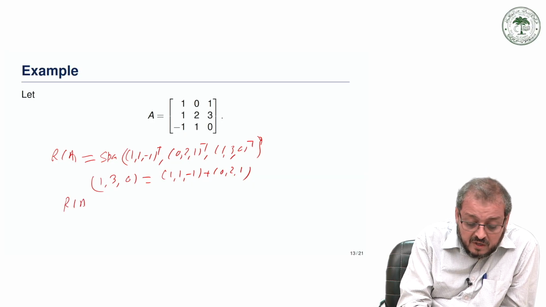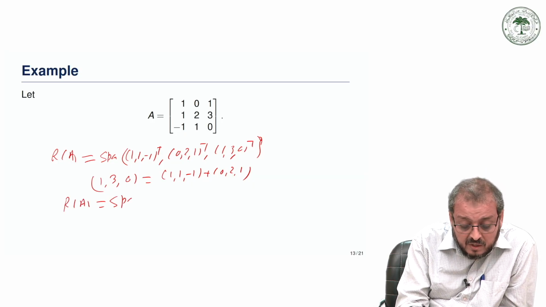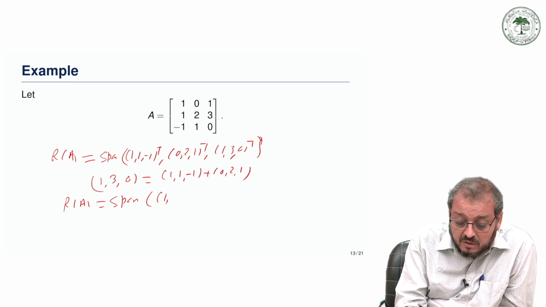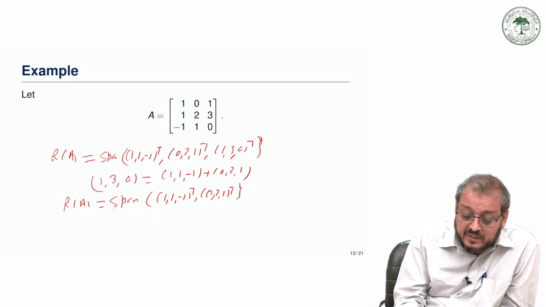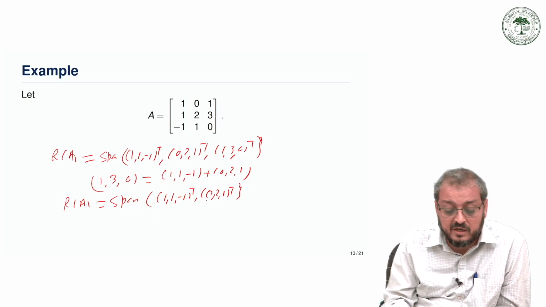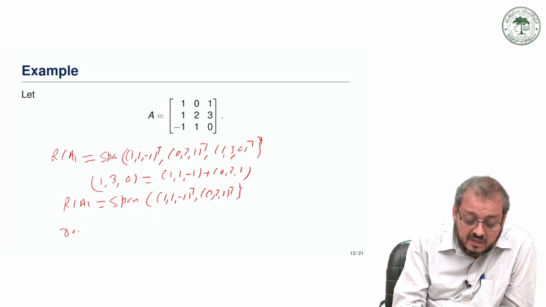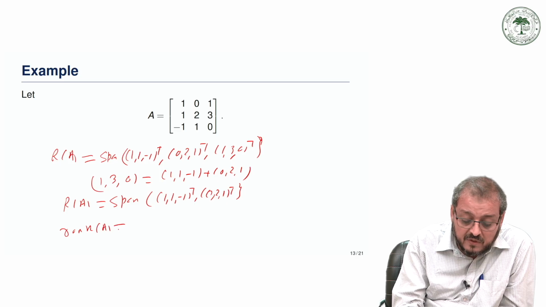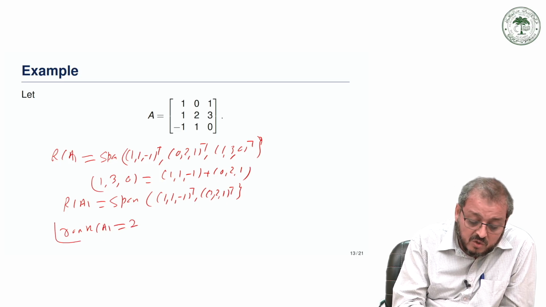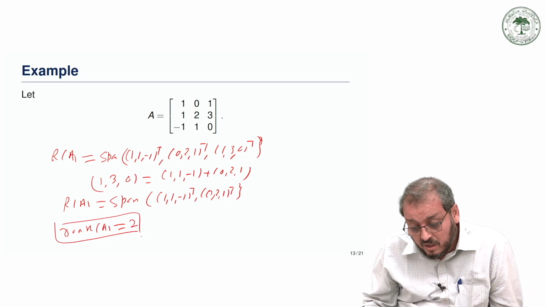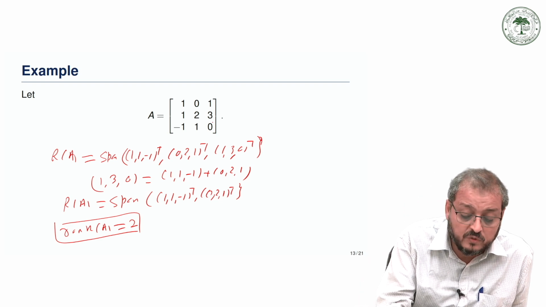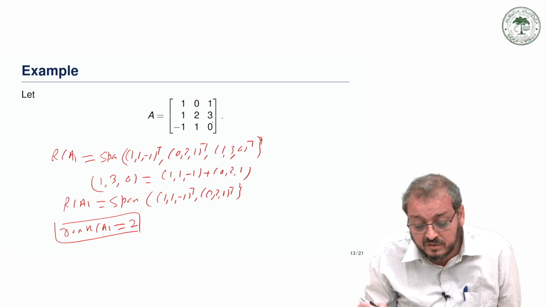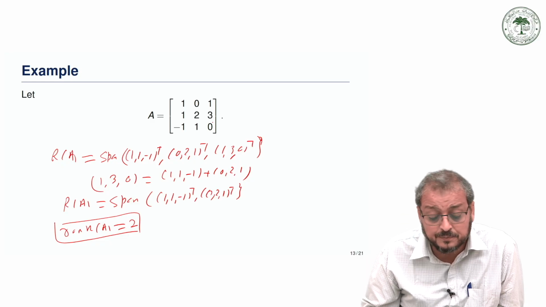So the range of A is the span of 1 1 minus 1 transpose and 0 2 1 transpose, and these two vectors are linearly independent. So the rank of A is equal to 2, and the dimension of Vn is 3, that is R3, because this map is from R3 to R3.